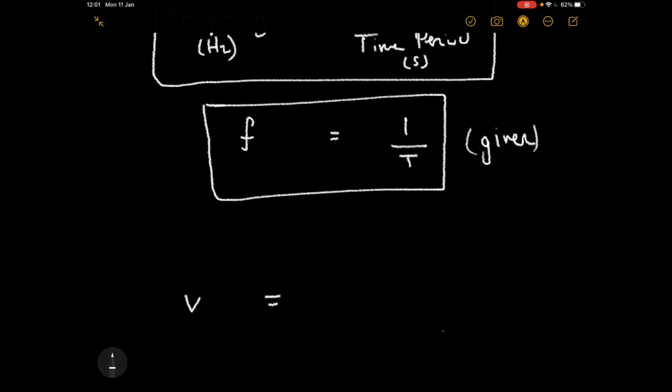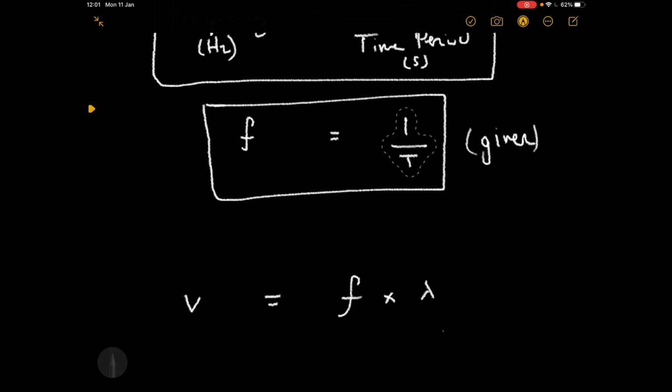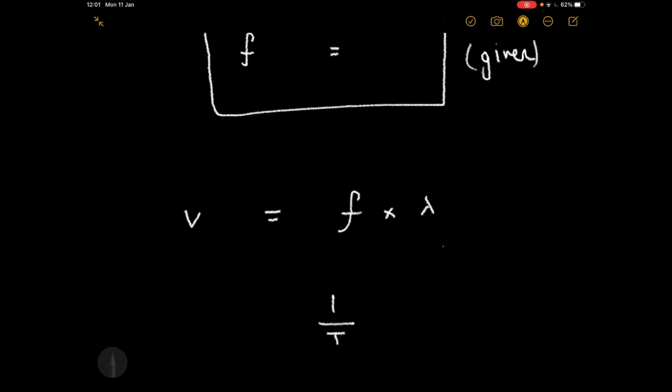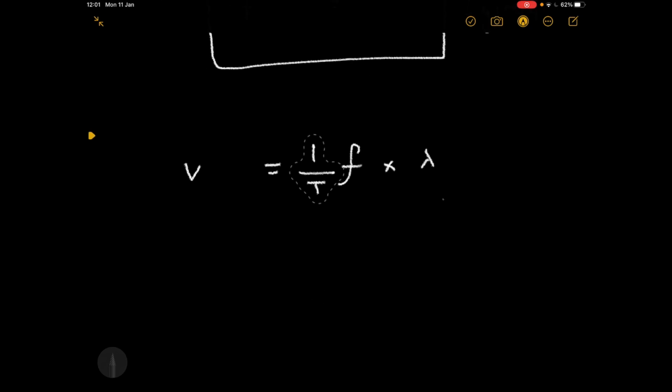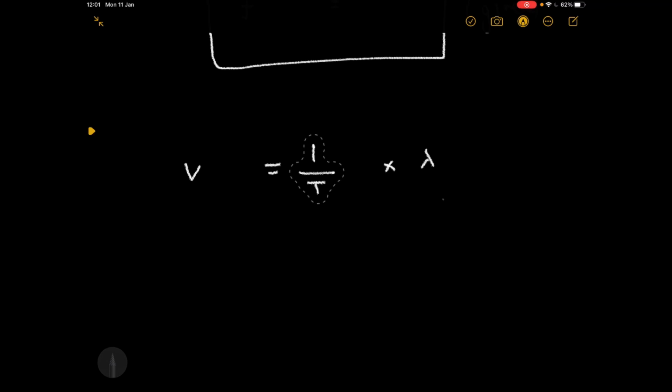equation v equals f times lambda, well, frequency is just 1 over time period. So you could substitute in 1 over time period into here instead of having the frequency there. So you get the speed is 1 over time period times lambda.